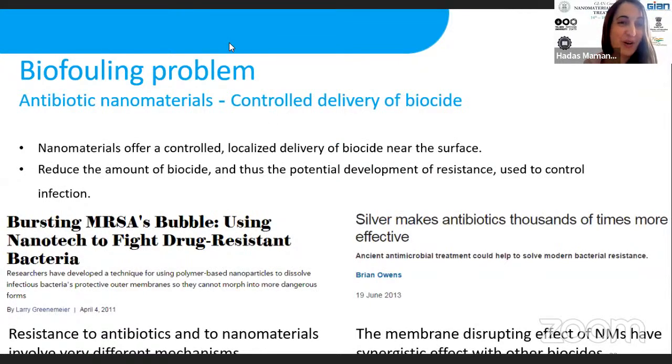So what is the biofouling problem? I think we discussed the biofouling problem numerous times. So just to recap, nanoparticles can not only combat bacterial and microbial resistance themselves, as I mentioned earlier, but they can also serve as a medium and carrier for antibiotics. Now, this is a very important feature.